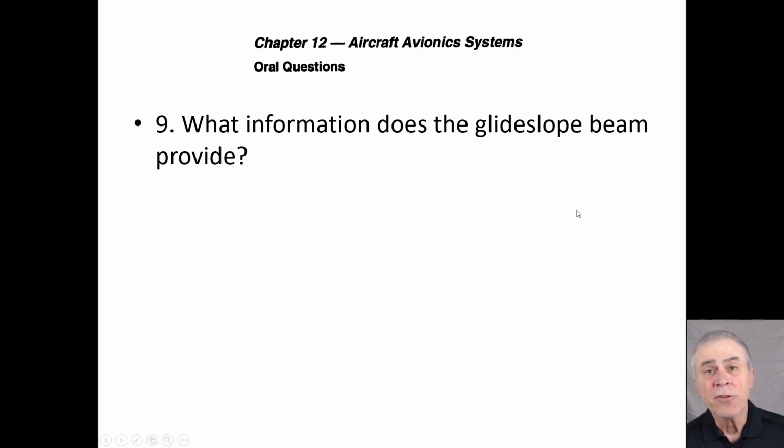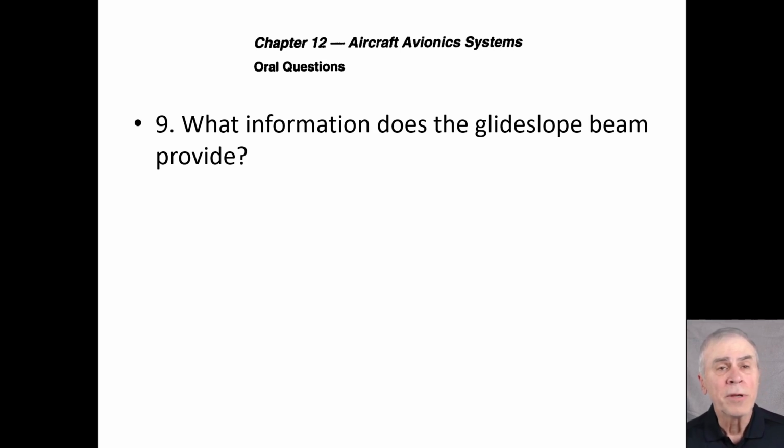What information does the glide slope beam provide? So again, it's the slope. So when we think slope, the ski slope, we're thinking angle of descent as being part of our answer.